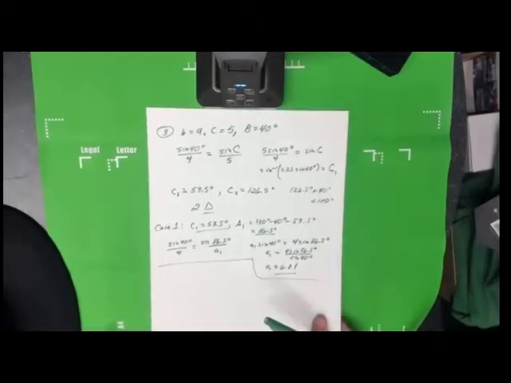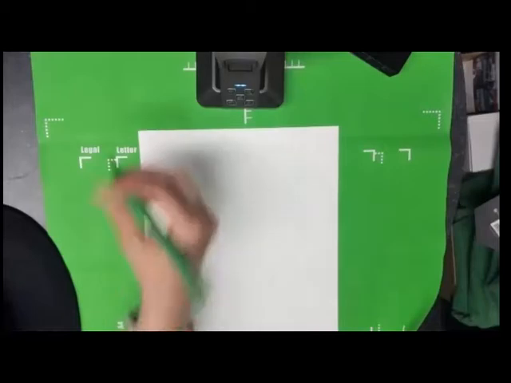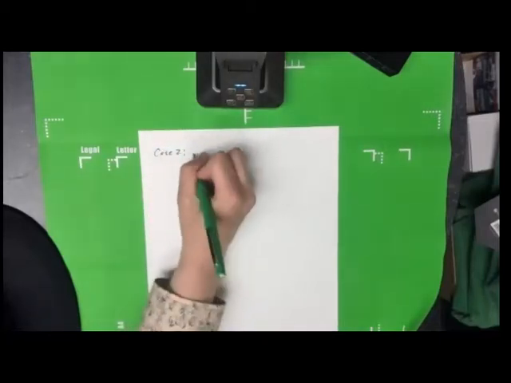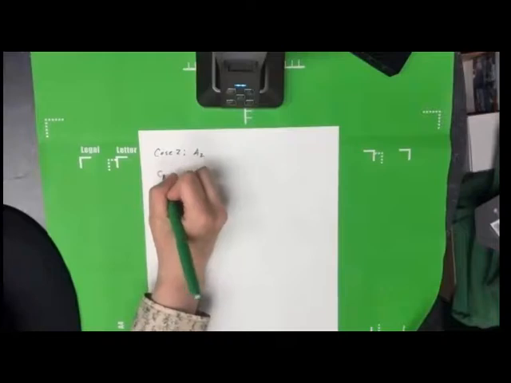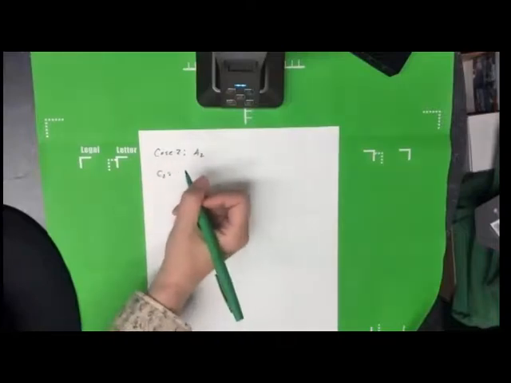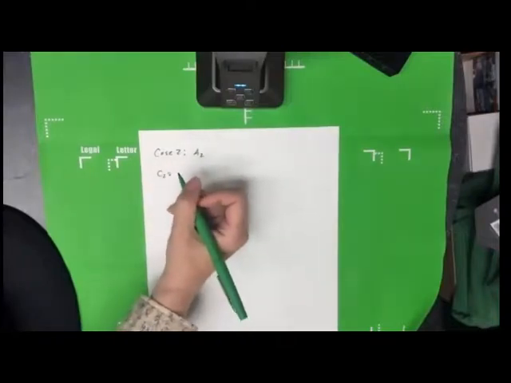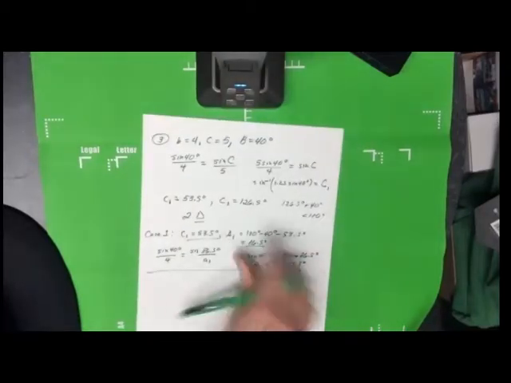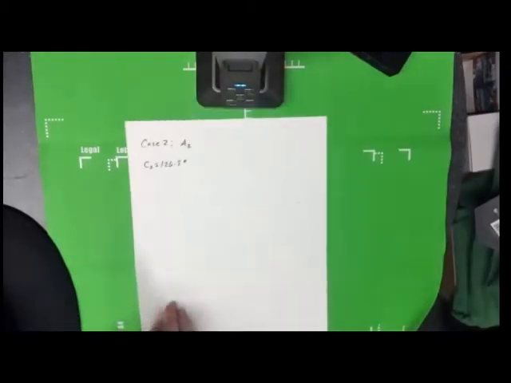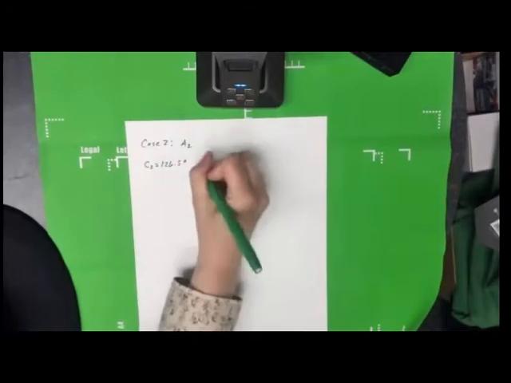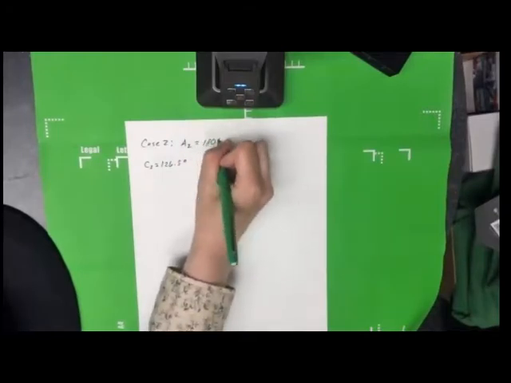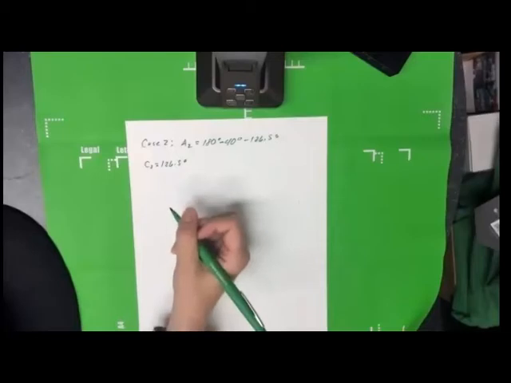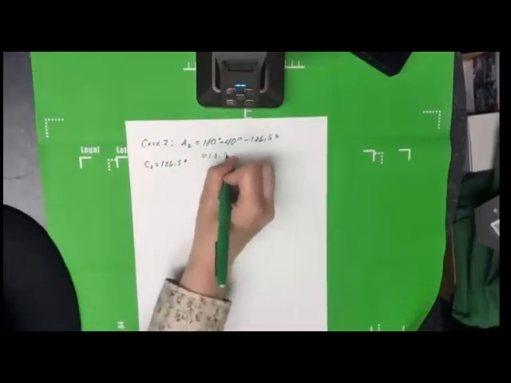Now let's look at case 2. We're using C2 being 126.5. And so we have that A2 is 180 minus B, which is 40, minus 126.5, and so that is 13.5.